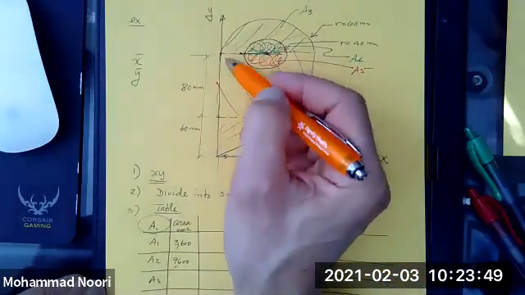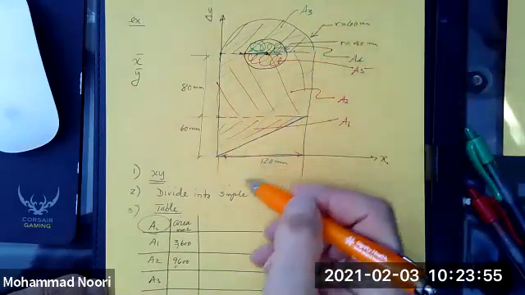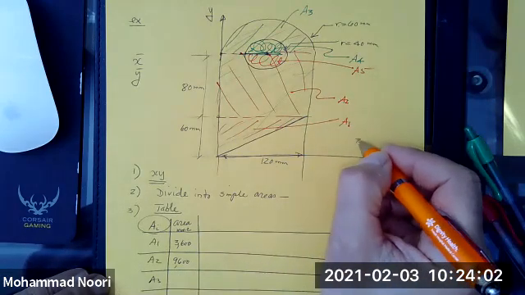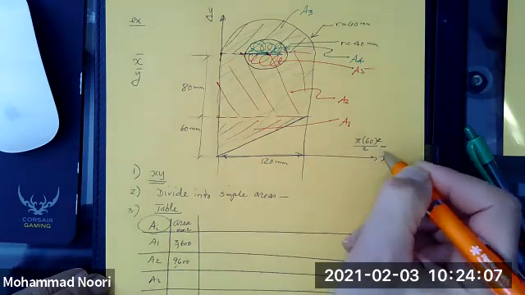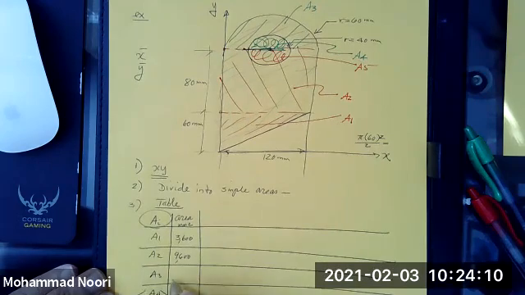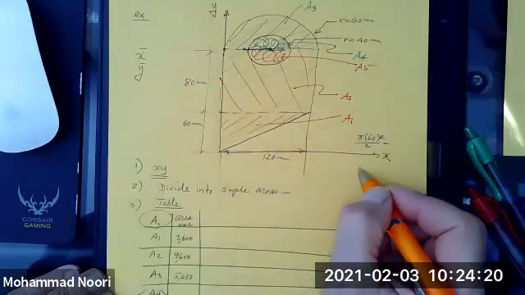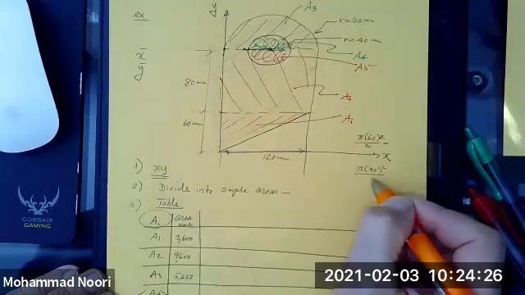Area 3 is this half circle. R is 60, so it would be pi r squared over 2. If you calculate that, pi times 60 squared over 2, you see that comes out to be 5,652. Area 4 is this negative piece, also pi r squared, r is 40, squared, divided by 2.